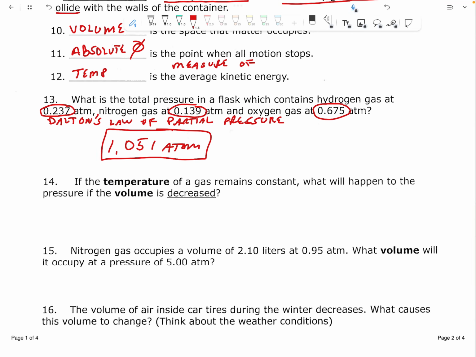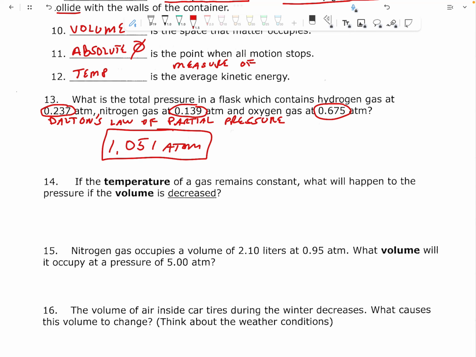Okay, if the temperature of a gas remains constant, number 14, what will happen to the pressure if the volume is decreased? So you're looking at a couple variables here, pressure and volume. Well, that happens to be Boyle's law. And so when you look at Boyle's law, it's P1 times V1 equals P2 times V2.